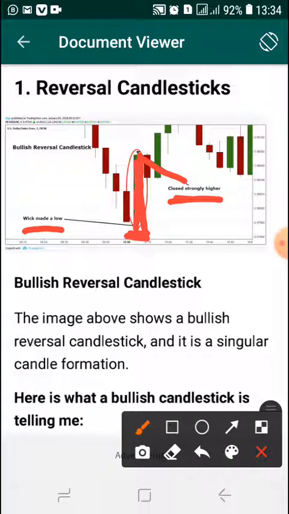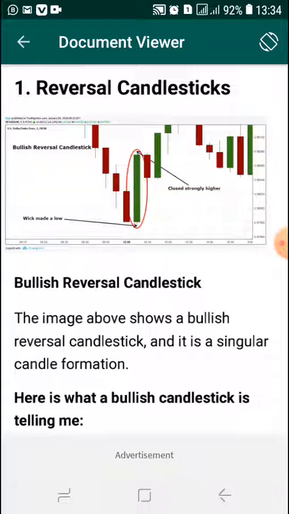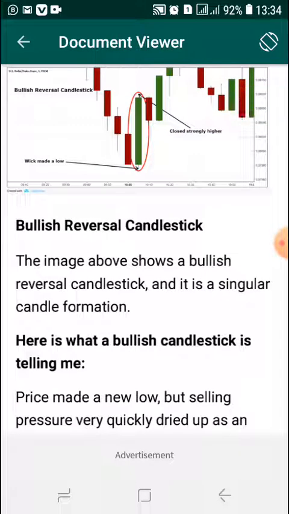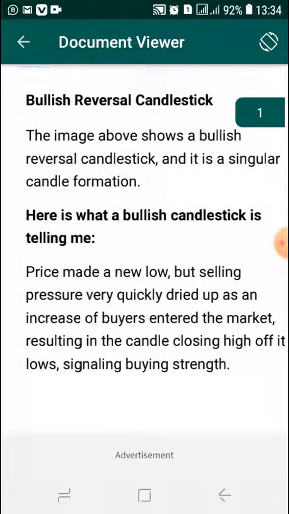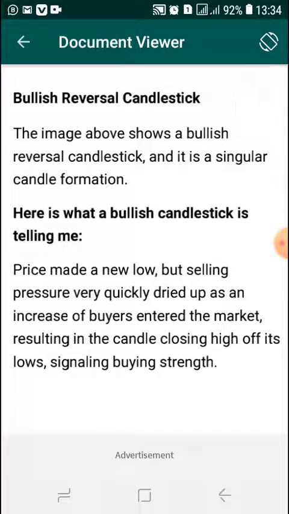Other traders might use only this one candlestick to take an entry and go up. But again, it depends on your strategy, your trading system plan. Do you use only one system to enter, or do you use 2-3 systems to enter? This is exactly what this particular picture was telling you: a bullish reversal candlestick.